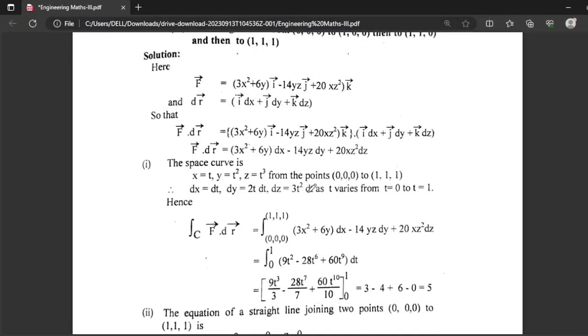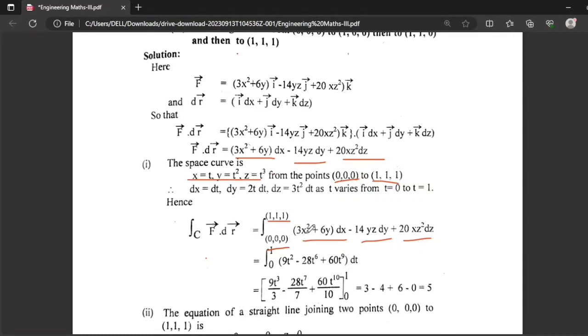Now, the integration from 0 0 0 to 1 1 1 of (3x² + 6y) dx minus 14yz dy and 20xz² dz. So there are three variables, so you can convert it into one variable by this parametric equation.